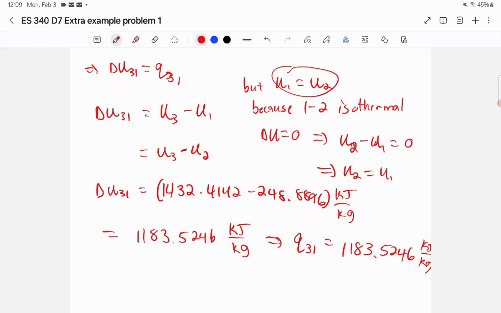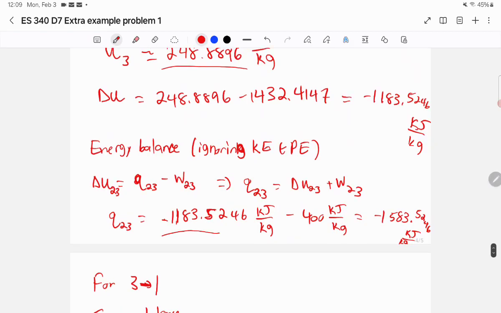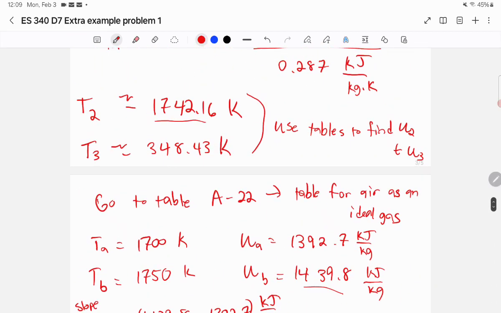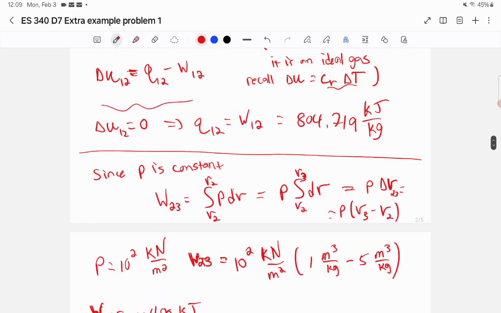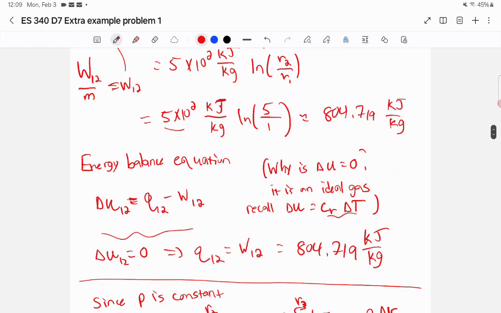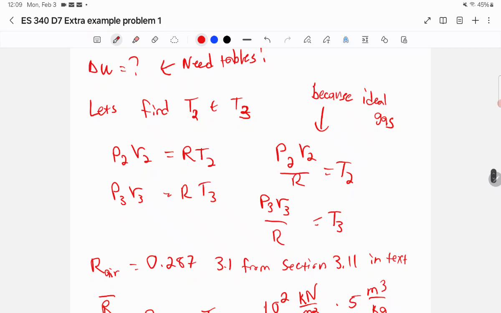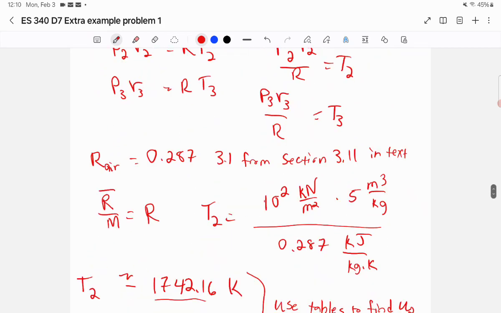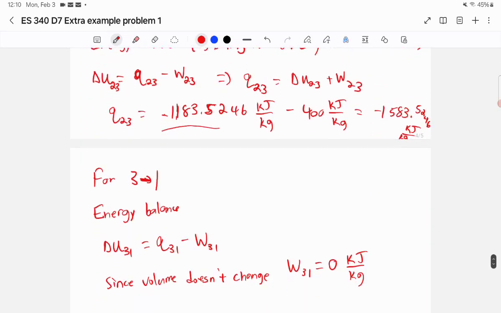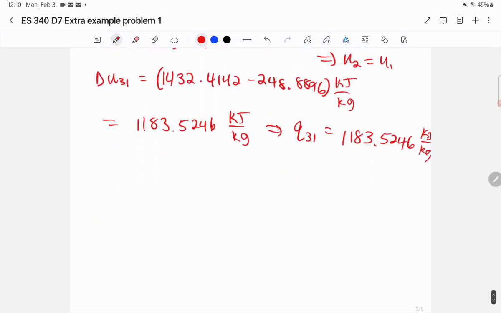Okay, so let's recap. We had the Q somewhere way up here, I guess, for this one, Q12, Q23 and Q31. So let's actually write those all down. We know for 1 to 2, W 1 to 2 was equal to 804.719 kilojoules per kilogram.